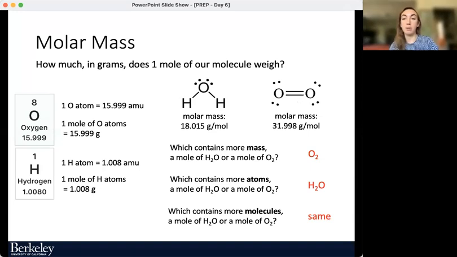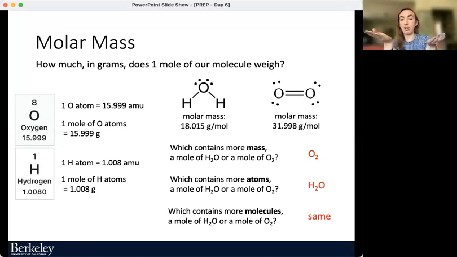And so a mole is just a count of molecules. So if I have one H2O molecule and one O2 molecule, I have 3 atoms in my right hand and 2 atoms in my left hand, because there's 3 atoms per molecule in H2O and 2 atoms per molecule in O2. But if I have one molecule of H2O in my right hand and one molecule of O2 in my left hand, I have the same number of molecules in both hands.